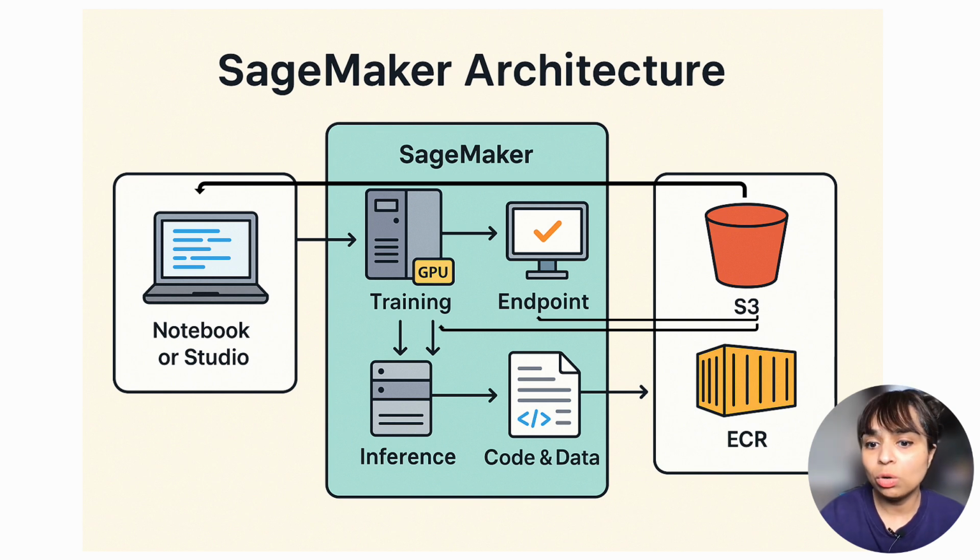Now let's say you want to use a pre-built algorithm to train your model, for example XGBoost or decision tree, or you have your own model, you have your own custom training and inference code. Anything that SageMaker needs to run a training or inference job is stored in this ECR, which is Elastic Container Registry. Okay, so it then pulls the right container from this ECR, and then it spins up a compute instance.